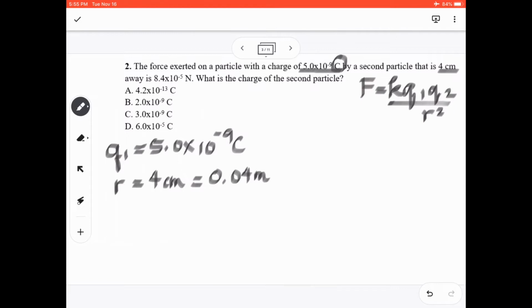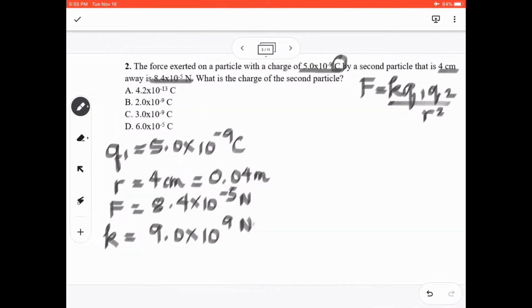And then we have another given, which is measured in Newton. The SI unit there is Newton. Therefore, that will be the force. F is equal to, in the problem, 8.4 times 10 raised to negative 5 Newton. And of course, we have in our formula the K. K is the constant 9.0 times 10 raised to 9 Newton meter squared over C squared.